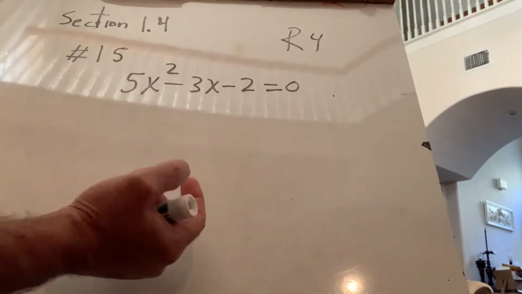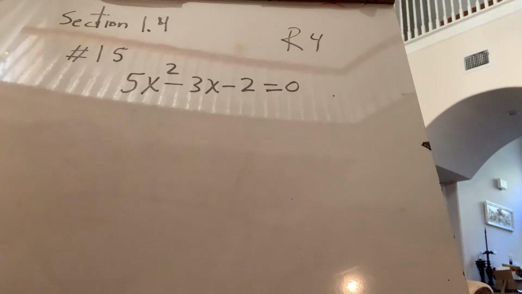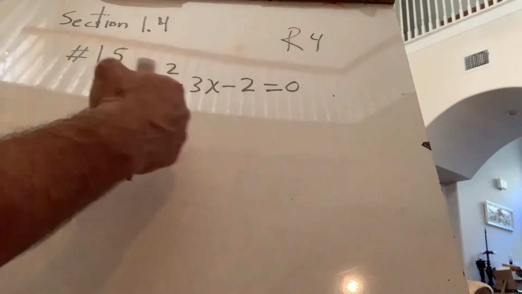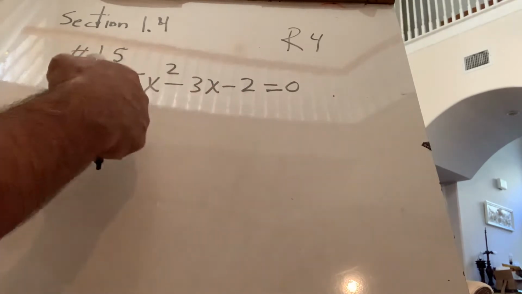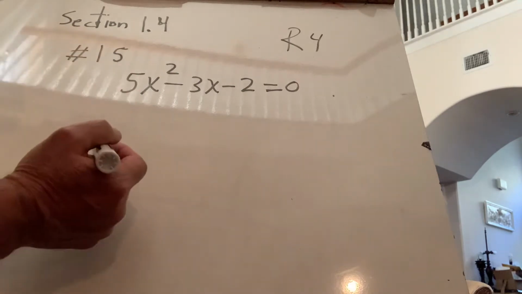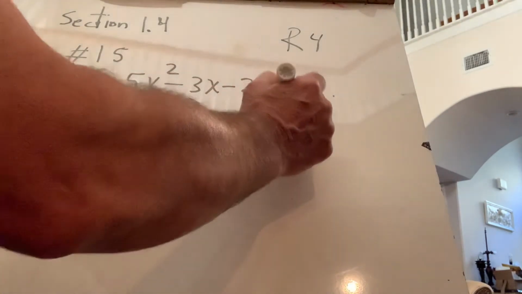I'm sure all of you know how to factor, but if you're a little rusty, you should review section R4 in your textbook. Also, you can just look on YouTube and type in factoring trinomials, and you'll see there are a lot of different methods. I personally use what I call the method of trial and error. So that's what I'm going to use, but there are a lot of other methods. It doesn't really matter which method, just make sure you know at least one method of factoring, okay?